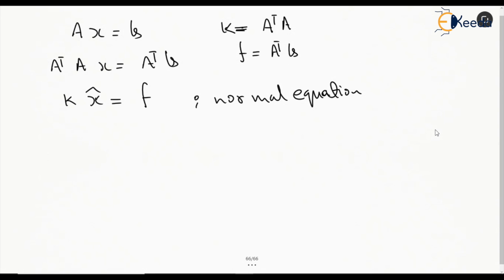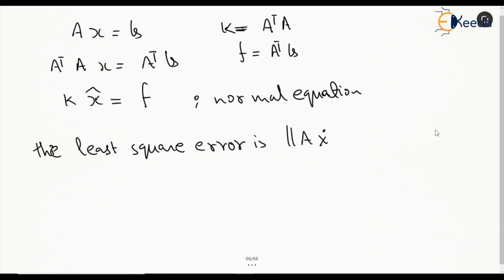This least square error is given by, let's write it, norm of A x cap minus b, squared.